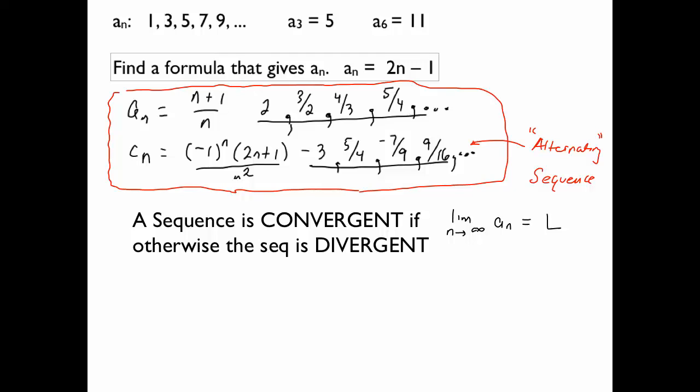And then you can choose it to be even closer, and as long as you go far enough out in the list, you can always get as close as you want to L. That's the idea of the limit, the sequence being convergent.